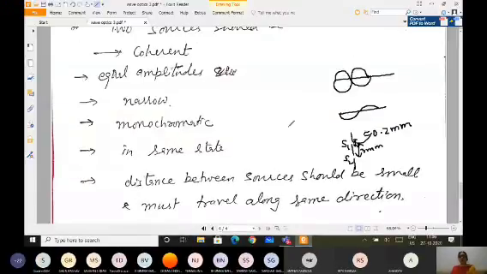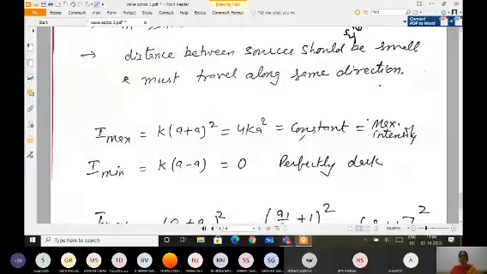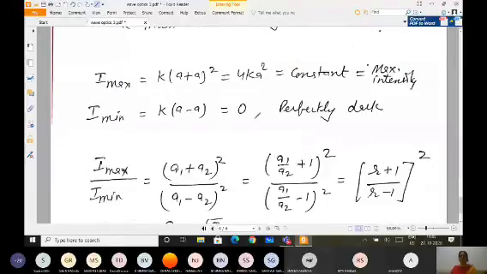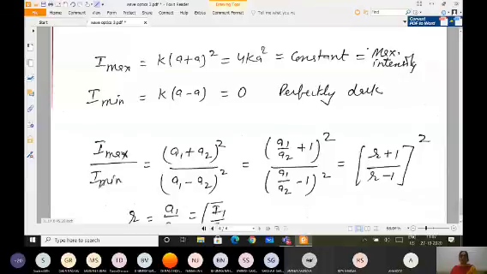You can calculate lambda experimentally for the source. Now the intensity, maximum intensity, minimum intensity, that is taken by the amplitudes. So if A is the amplitude, this is again a very important formula, I maxima upon I minima, if I want to find it. What is I? I is directly proportional to A square. That you should remember. And when I am taking two sources, A1 and A2 are the amplitudes, like the equation we supposed.